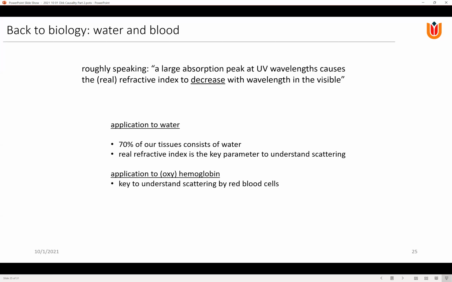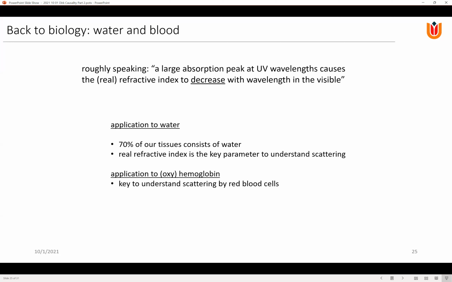So the first: if there is a large absorption peak in the UV wavelengths. So what are the UV wavelengths? 300 nanometers, 400, not more than that, but that is fine.